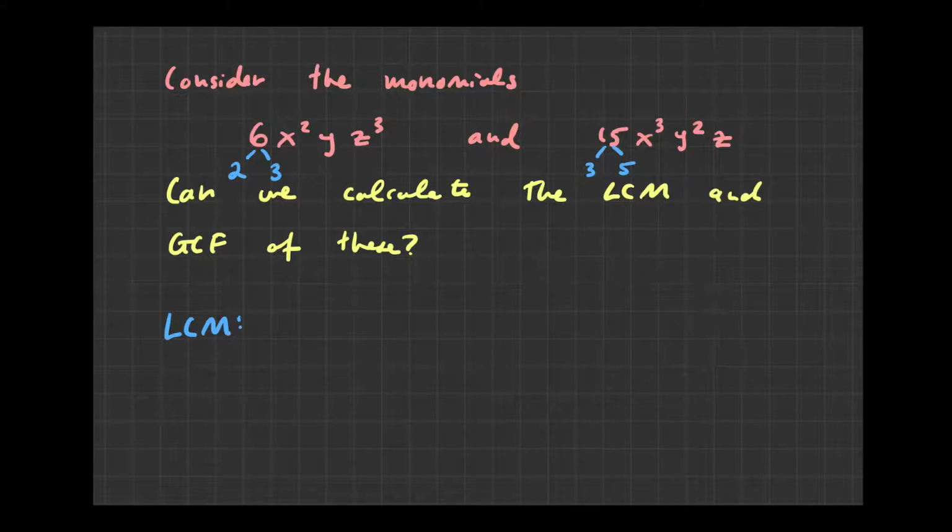Yeah, so these are the factors of the number, right? So if I want to find a multiple of 6, the prime factors of that multiple should have a 2 and a 3 in it, right? So the LCM is going to have a 2 and a 3. Now, if I go back over here to the 15, I know that if it's going to be a multiple of 15, it had better have a 3 and a 5 in it.